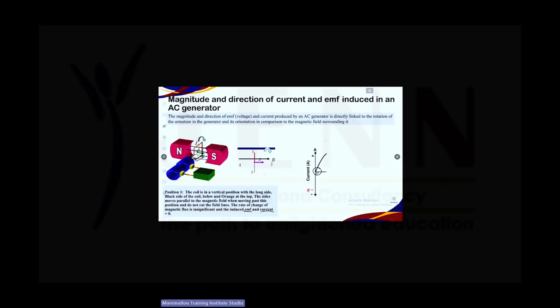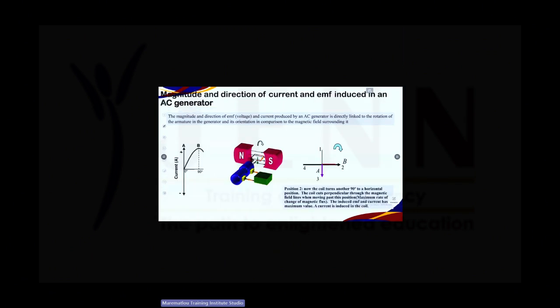Now, as it rotates, you are going to see that your EMF slowly increases until it has rotated 90 degrees. There, where it has rotated 90 degrees, the coil turns to a horizontal position, and the coil cuts perpendicular through the magnetic field lines when moving past this position.